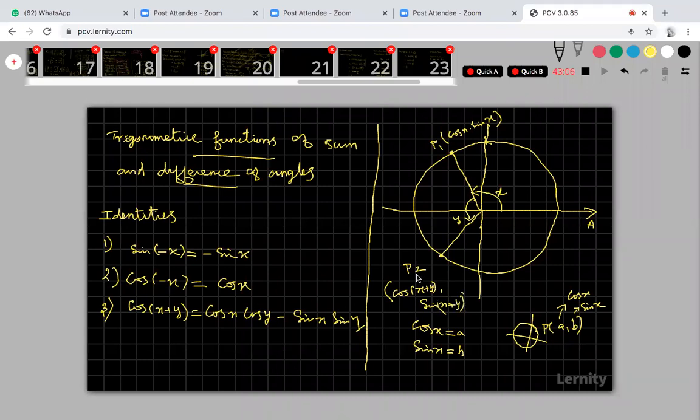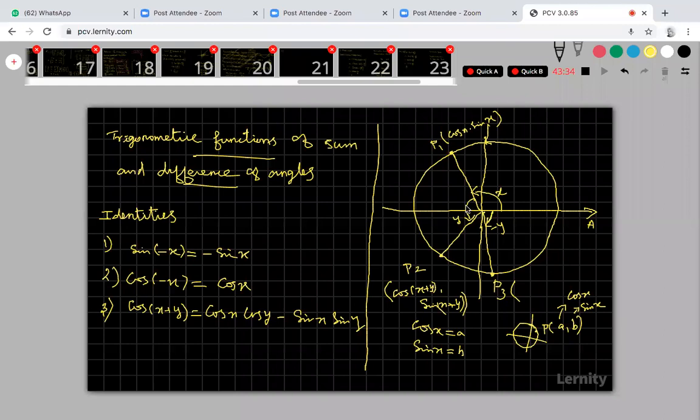This is P2. Suppose I am taking some P3, maybe here. So I am taking P3 with minus y, the same angle.